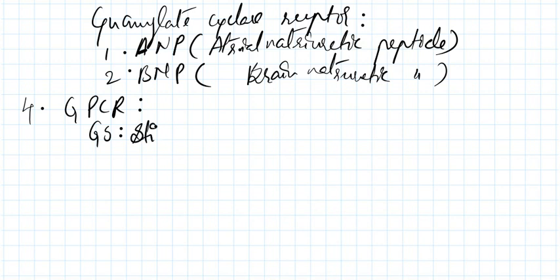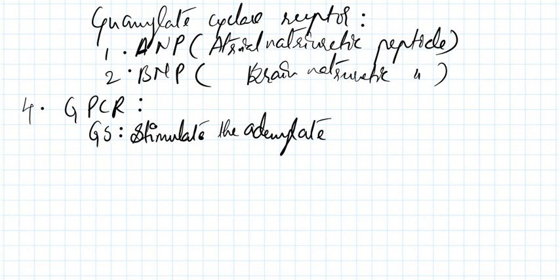If these Gs type of receptors are stimulated, they in turn stimulate the adenylate cyclase, thereby causing an increase in cyclic AMP.